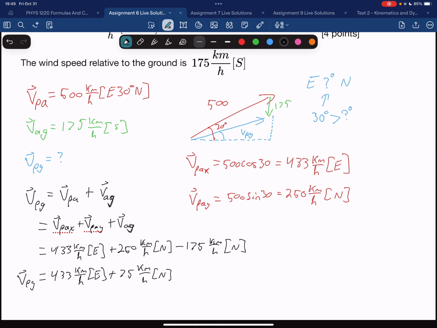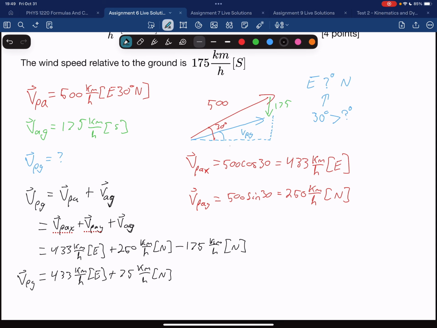So this is the velocity of the plane relative to the ground. However, it is written in component form, and we need to correct this by using the Pythagorean theorem to get to our final velocity here, our final answer.